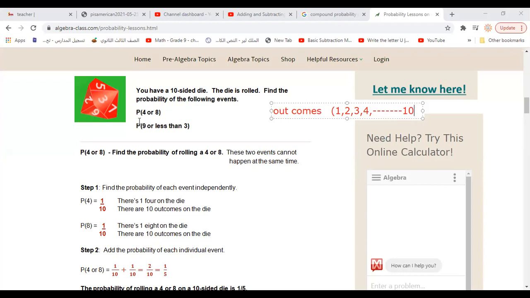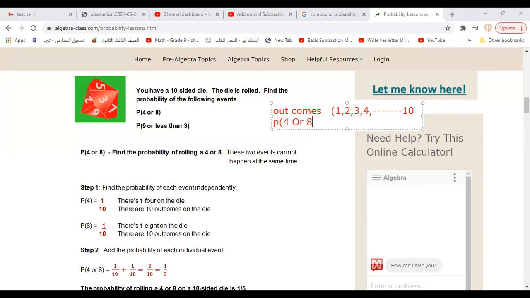Now we want to calculate the probability of 4 or 8, right? So we want to find the first one, the probability of 4 or 8. Probability of 4 or how many?